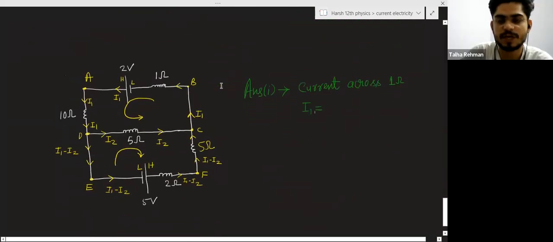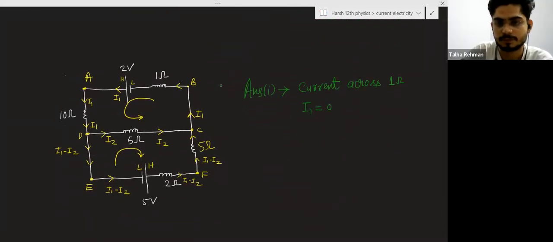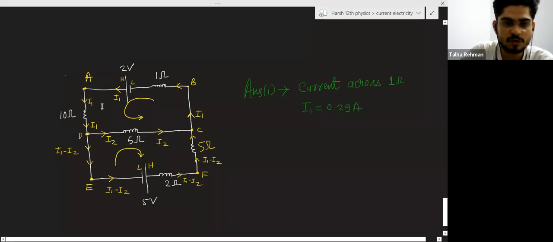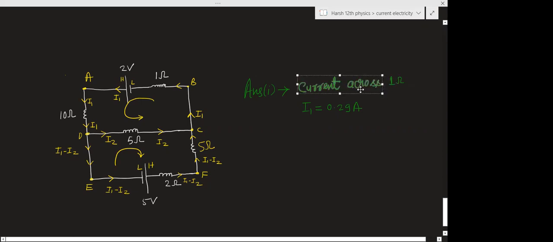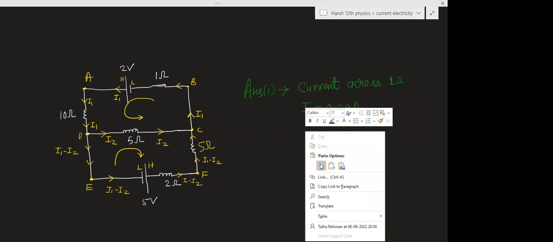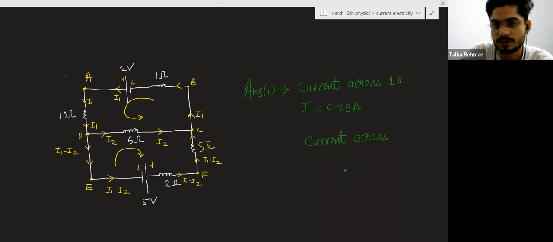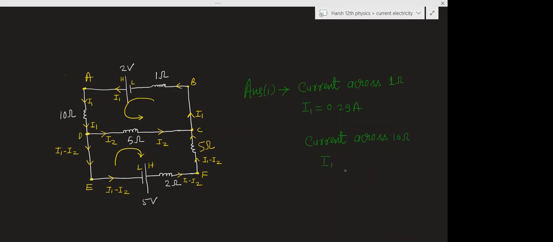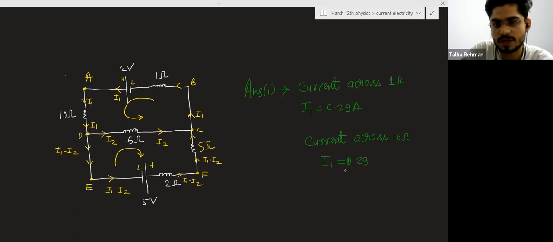I1 is 0.29 ampere. And now current across the 10 ohm resistance. This is again I1, and this is again 0.29 ampere.